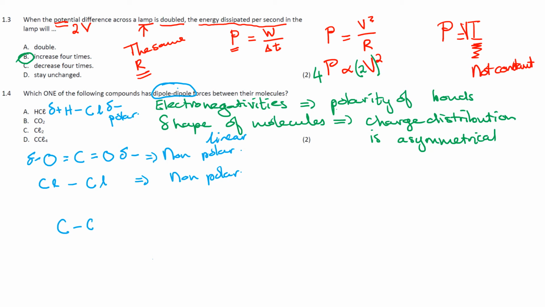Carbon tetrachloride is tetrahedral, and the carbon as a central atom is surrounded by chlorines. The chlorines would be polarized negatively. Once again, you can see that the charge distribution is symmetric, so this molecule is also non-polar.